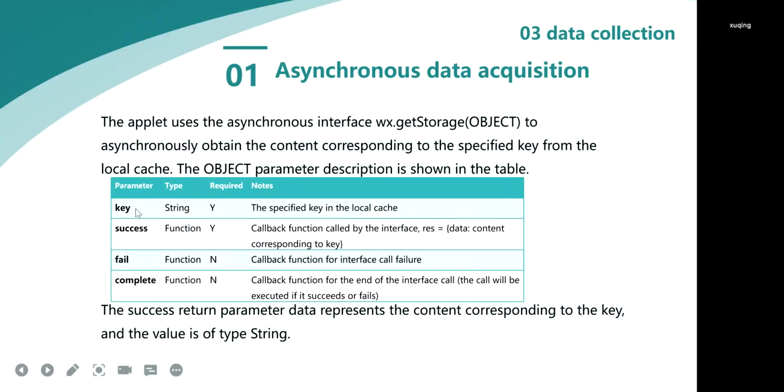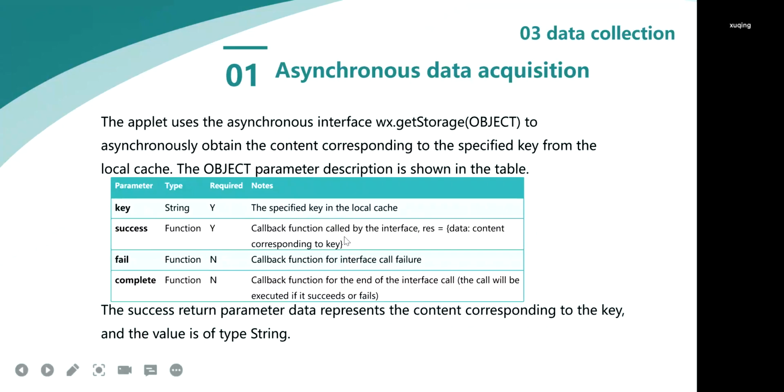We have the parameters key, success, fail, complete. The success return parameter data represents the content corresponding to the key, and the value is of type string.